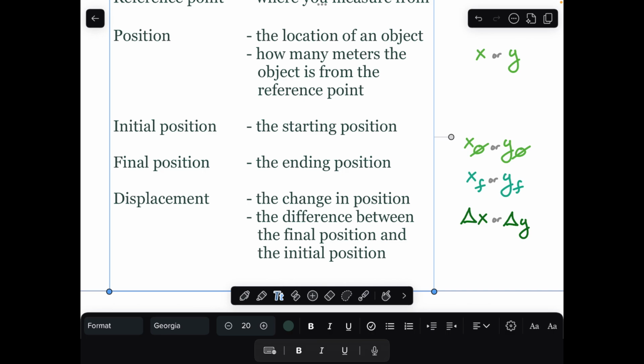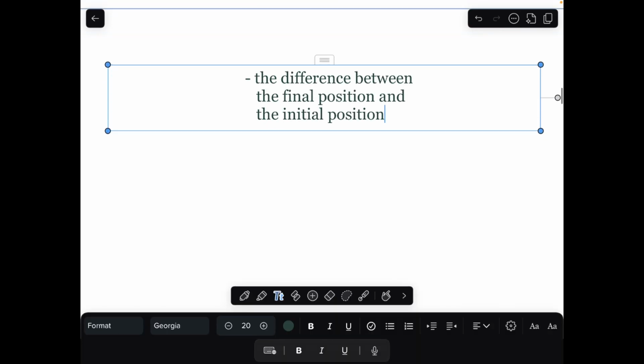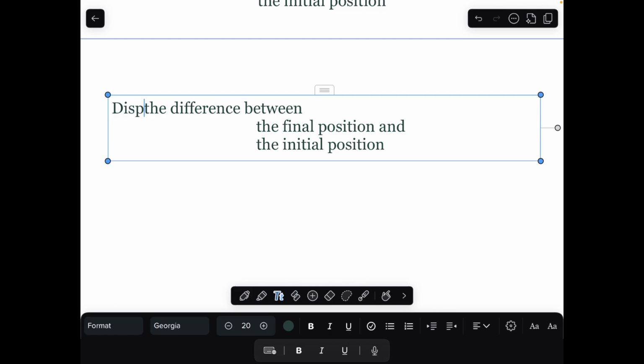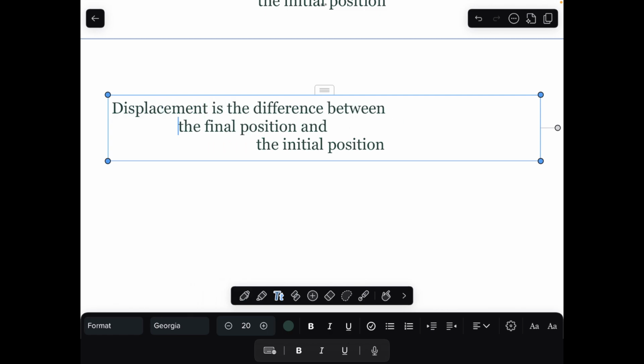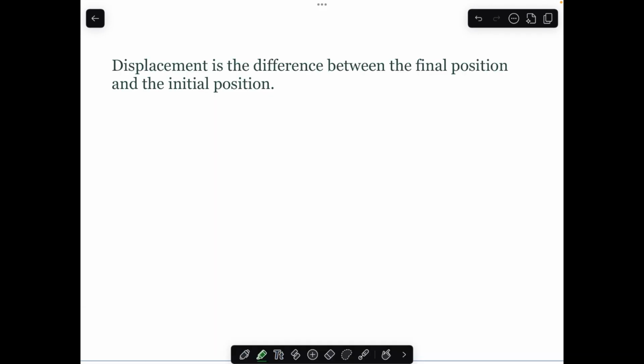I'm going to take this sentence. Let's bring it out here on its own. Displacement is the difference between the final position and the initial position. Let's color code this like we have.